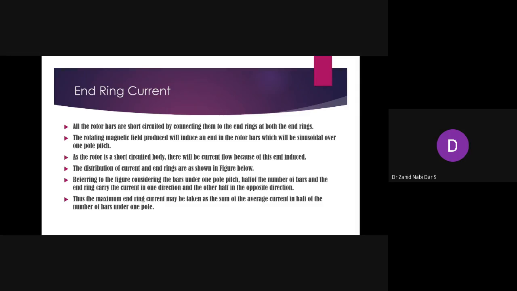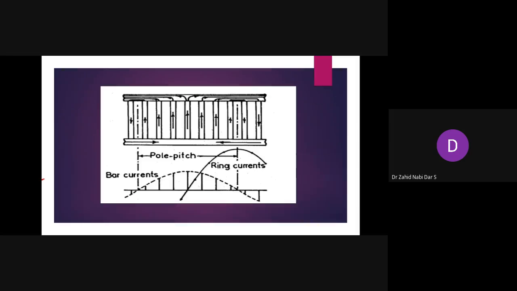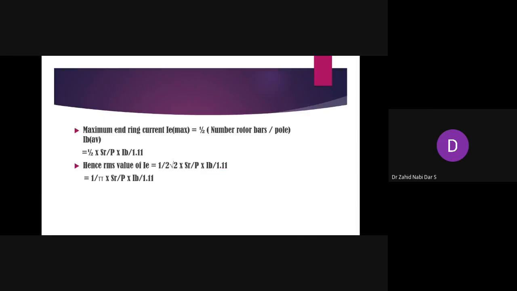The maximum end ring current is taken as the sum of average current in half of the number of bars under one pole. So the maximum end ring current IE max is given as number of rotor bars per pole divided by 2 into current per rotor bar.